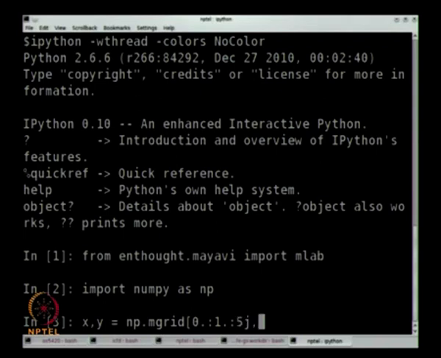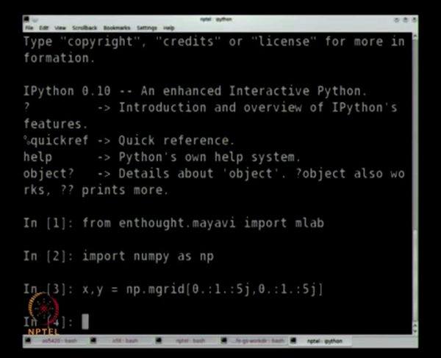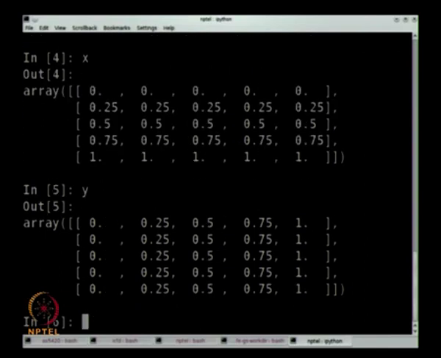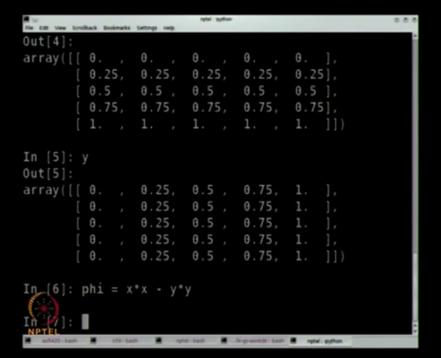I think by now the syntax is most probably familiar to you. 0.2, 1.2, and that should create for me a 5 by 5 mesh. Those are the two things that we looked at in the last class. And of course, as a consequence, just like I did last time, I will say phi is x star x minus y star y.